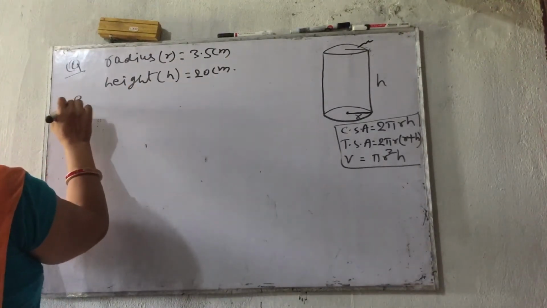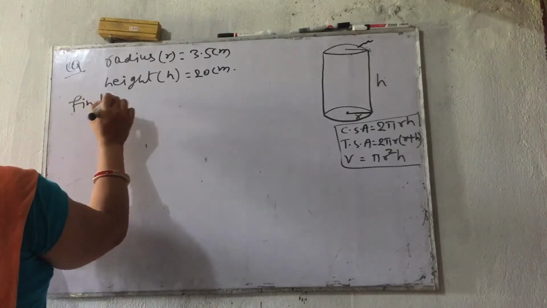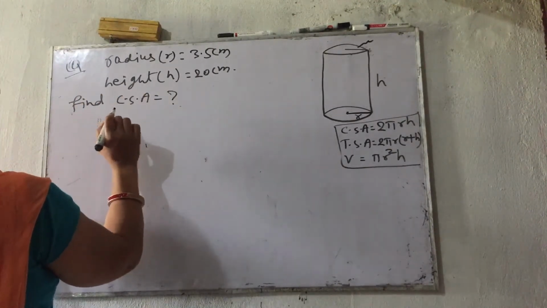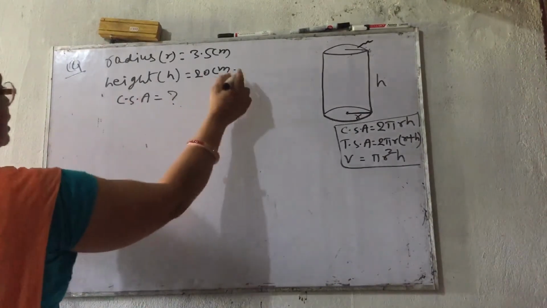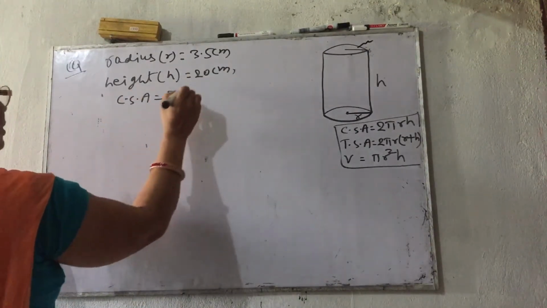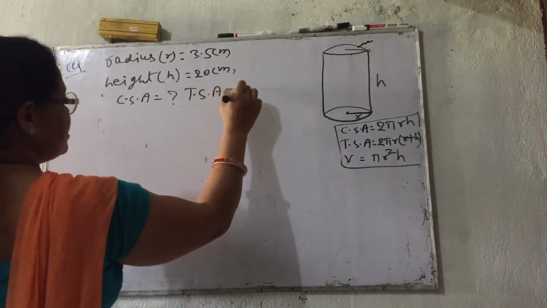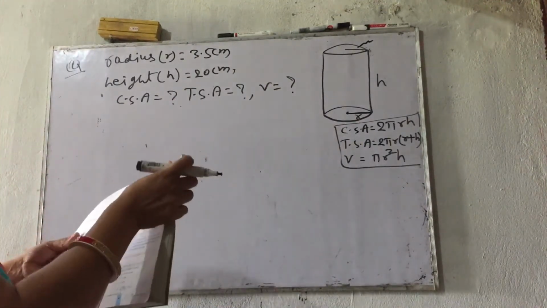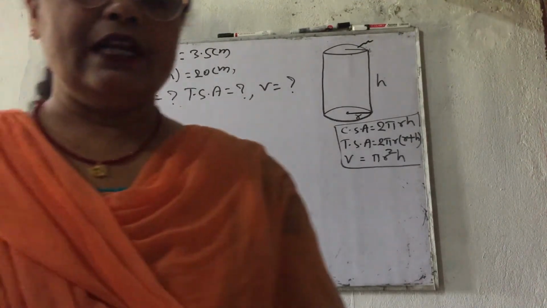Then we have to find CSA equal to how much, TSA equal to how much, and V equal to how much. These three things we have to find out. Let's do.